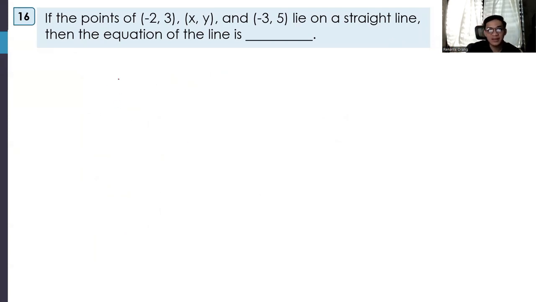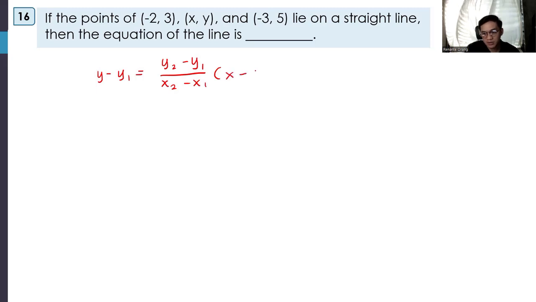Yung formula natin, again, if you are finding the equation given 2 points, that is y minus y sub 1 is equivalent to y sub 2 minus y sub 1 divided by x sub 2 minus x sub 1 multiplied by x minus x sub 1. So, designate natin, this will be our x sub 1, y sub 1. This will be our x sub 2 and y sub 2.